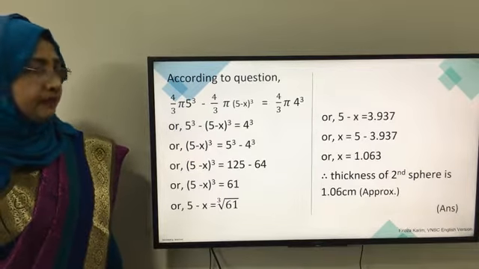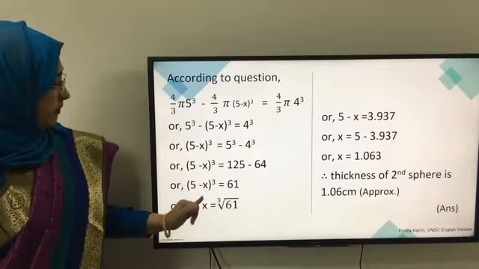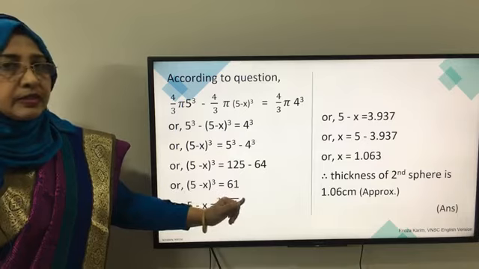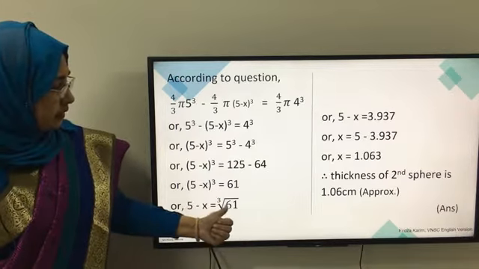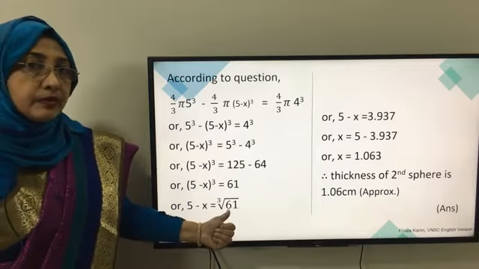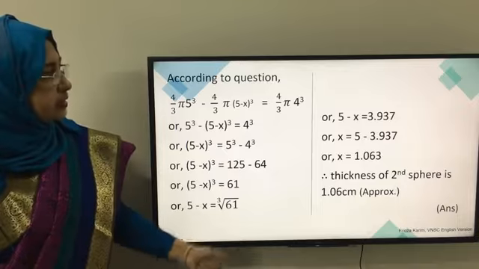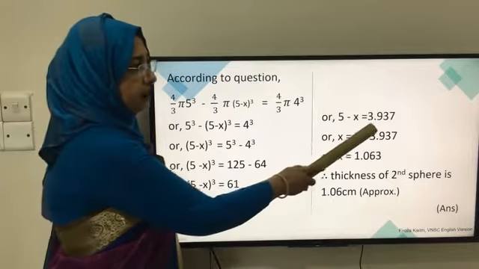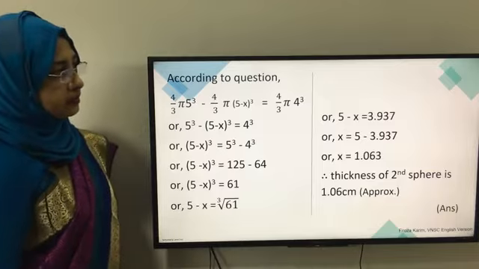Are you doing it, girls? Yes, (5 minus x) whole cubed equals 61. So what about 5 minus x? It will equal the cubic root of 61, and the cubic root of 61 is equivalent to 3.937. So write it down.